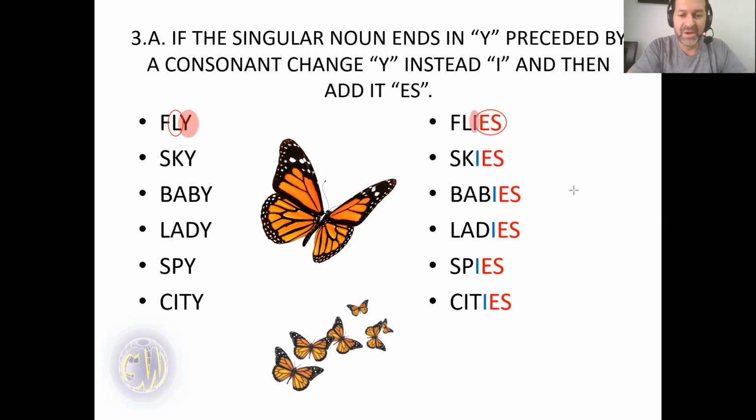And we have the name of this beautiful insect, butterfly, a monarch butterfly. Okay, think about this. Why is it called butterfly? I don't know if you have ever touched a butterfly, but it feels very soft, extremely soft, like butter.